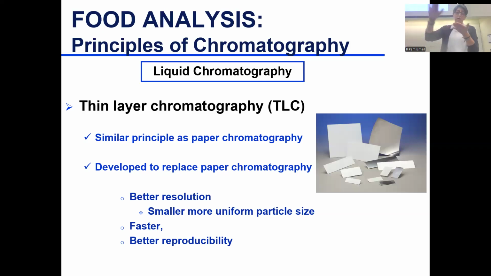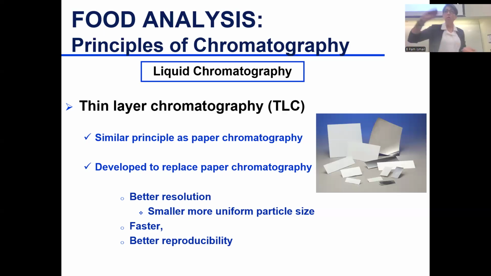So when you spread it in a very thin layer, you would get really very good consistency of these particles. Then you have better resolution, meaning better separation between the components than what you would get on paper.